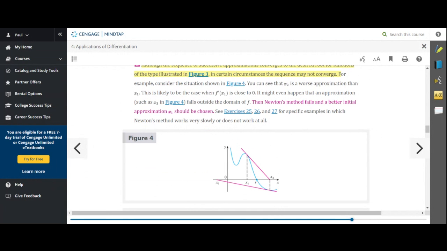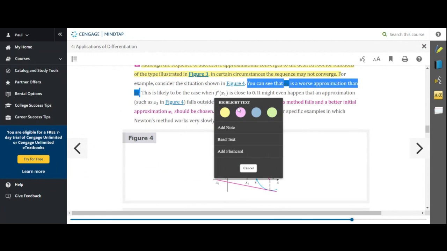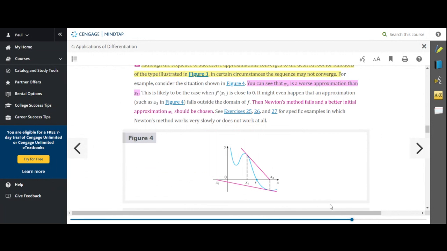In figure 4, they say you can see that x2 is a worse approximation than x1. So they draw a tangent line to the curve corresponding to x equals x1. That's your starting value.